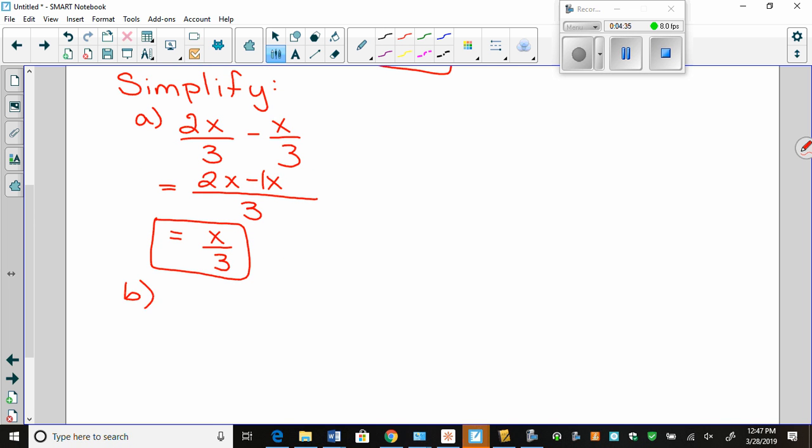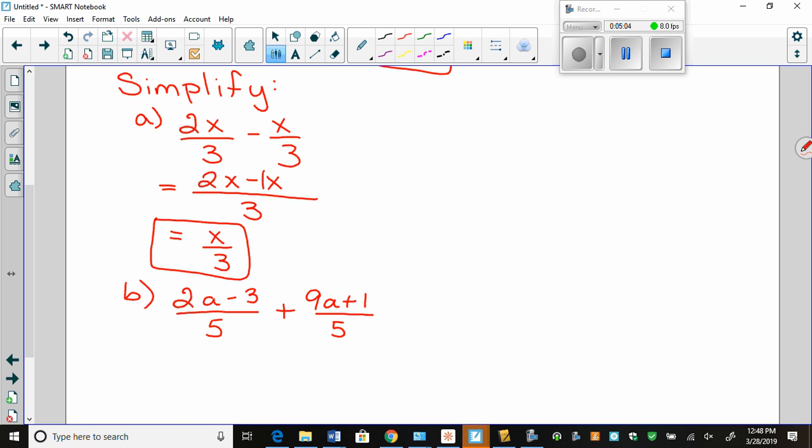Okay, B, try this one out. 2a minus 3 over 5 plus 9a plus 1 over 5. So what's good about this question?